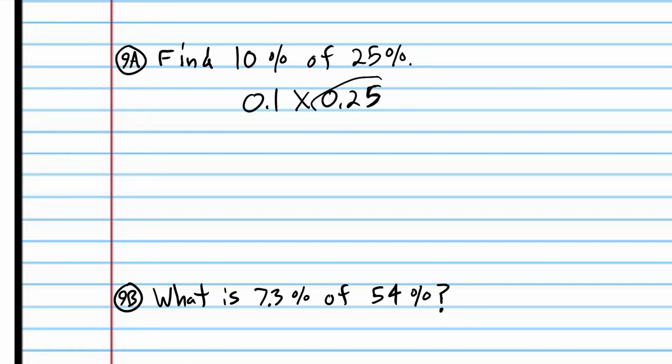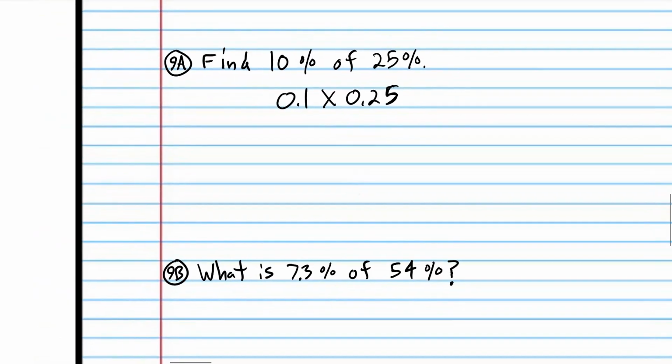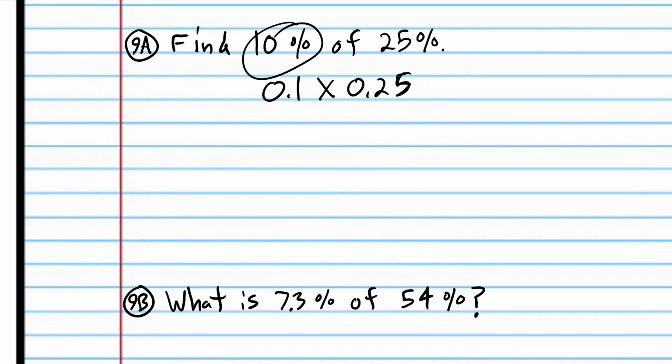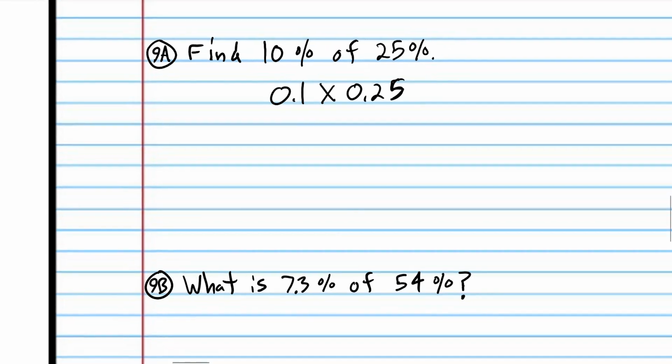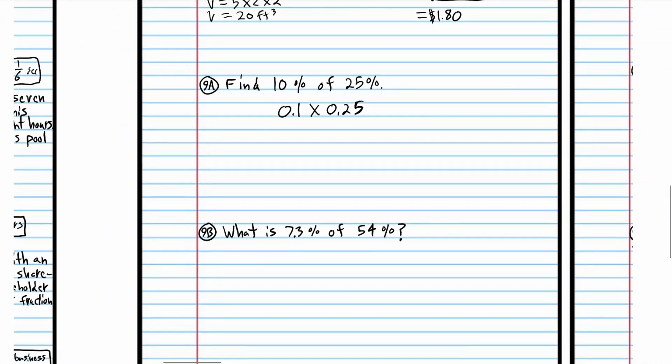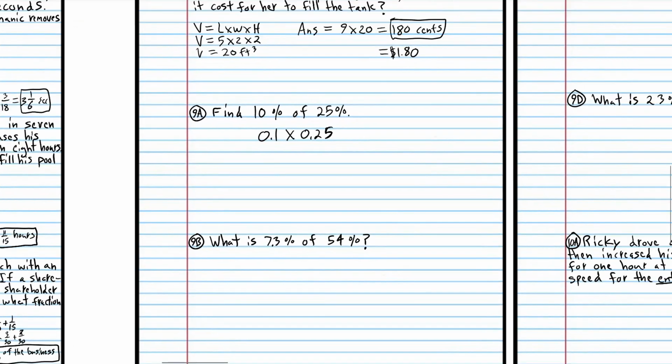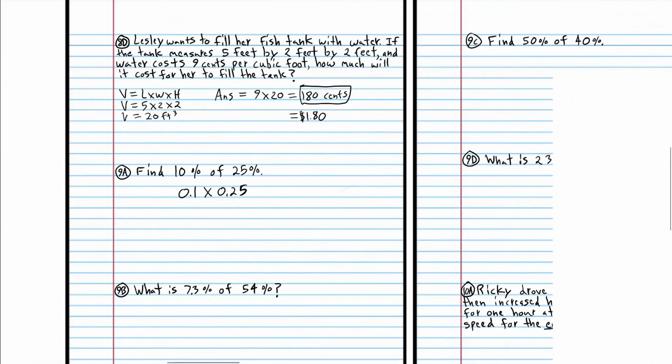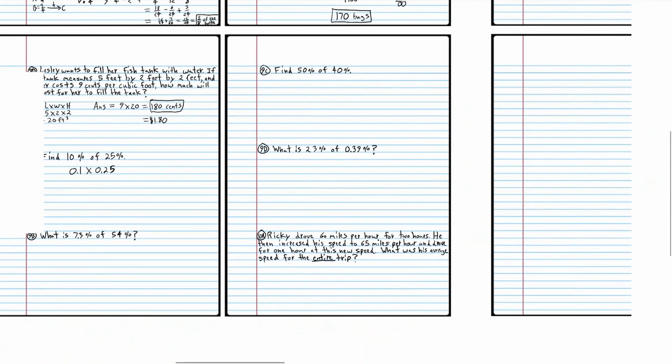But again, this number is an actual decimal. So all that said, all you do is just change these both to decimals and you multiply them together. So 0.1 times 0.25. You know what, I'm going to go ahead and let you do those problems on your own because they're pretty easy. You just change the percents to decimals and you multiply them, and that's all those are.